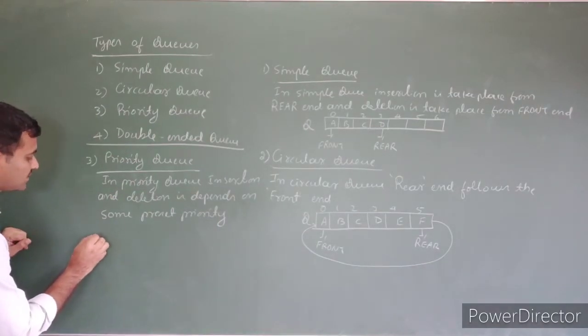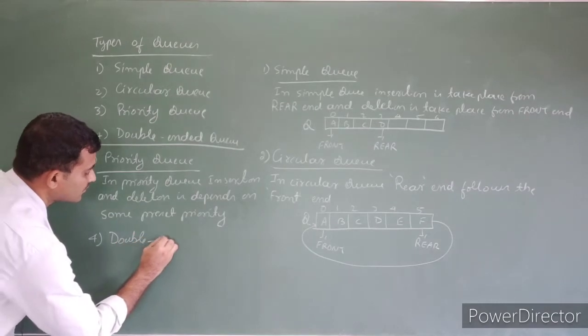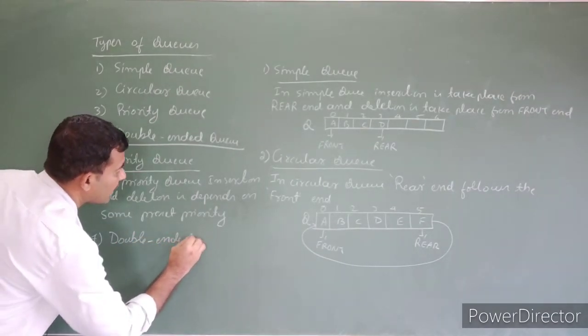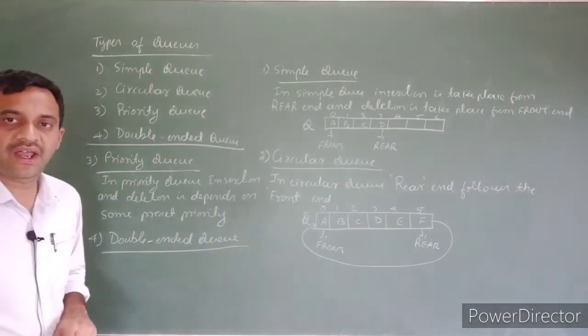Then the fourth one is double queue or double-ended queue. Name itself says it is double-ended.